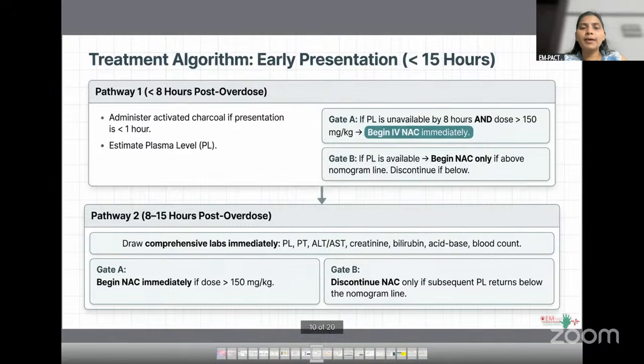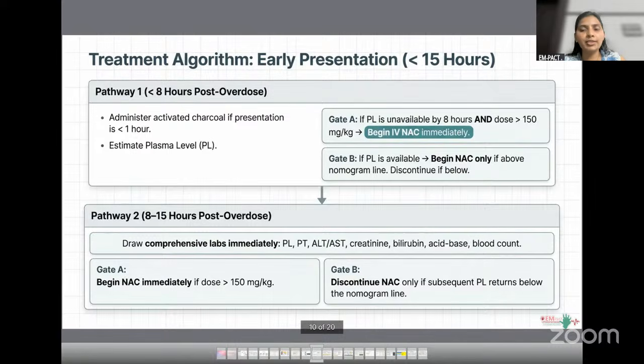Then we will send the serum paracetamol level 4 hours after the ingestion. Then we will plot that on the nomogram. If the dot is above the treatment line, we have to start the NAC. If it is below, we don't need to. But in our case, we already know that it is a highly toxic dose. So in those cases, if we know the report won't be available within 8 hours of ingestion, then we can start the NAC therapy.